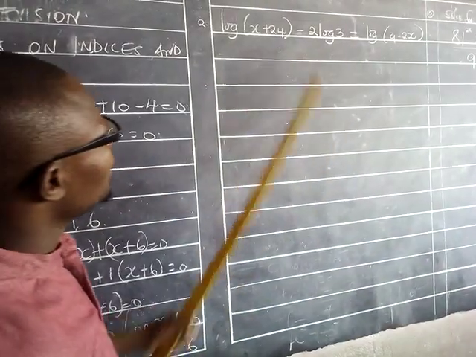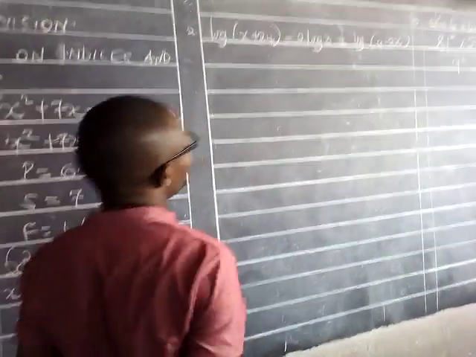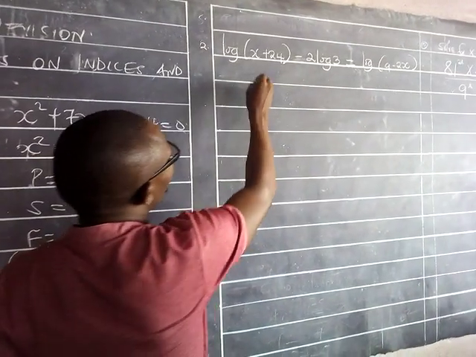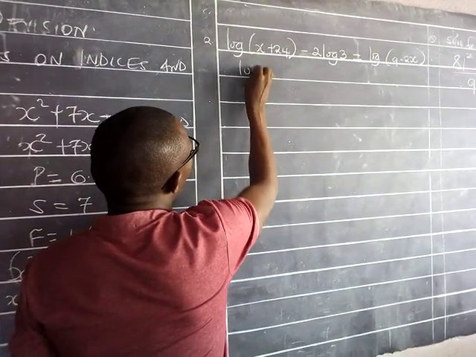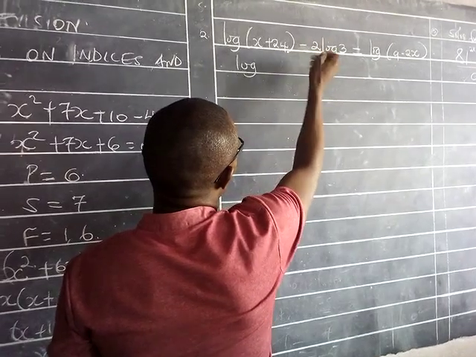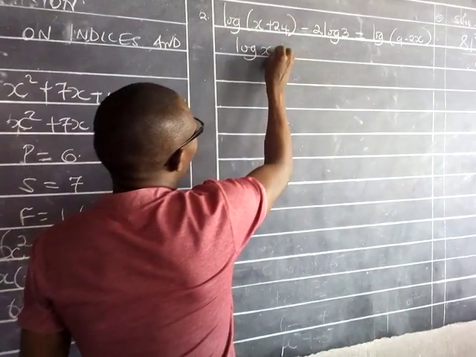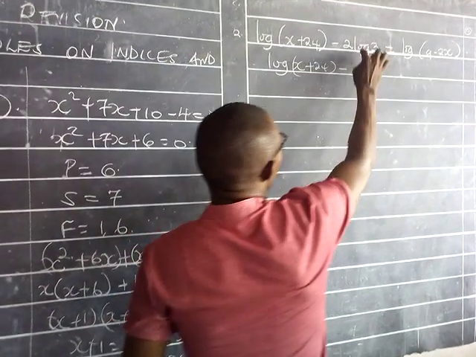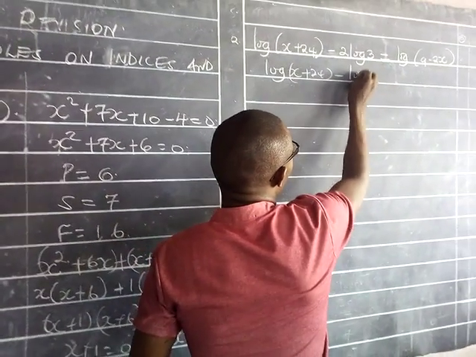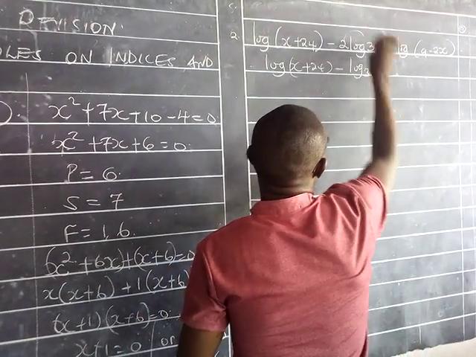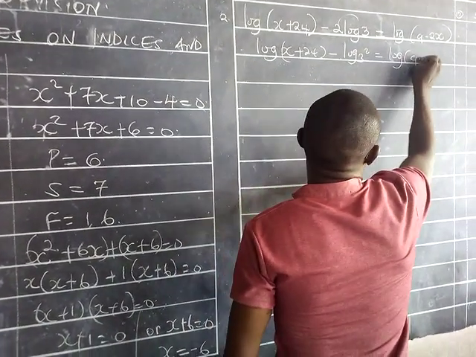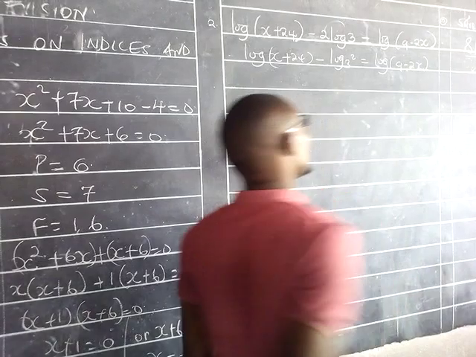In this other one, what we will do, we'll apply the same law, law of subtraction, which says we are subtracting the logs, so we'll have log of x plus 24 minus, so I can rewrite this one as log of 3 squared is equals to log into 9 minus 2x, right?